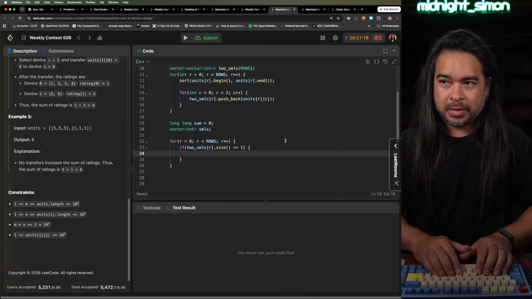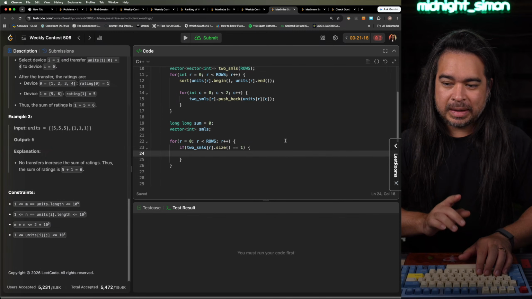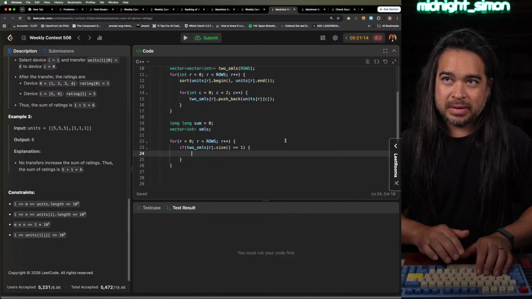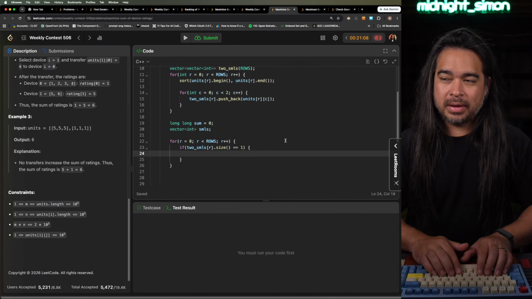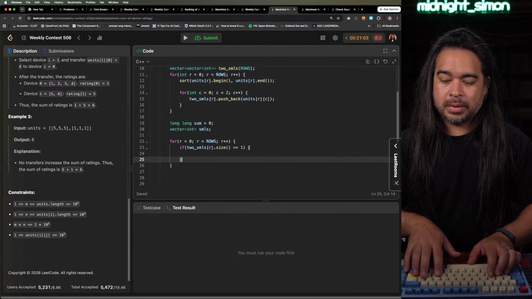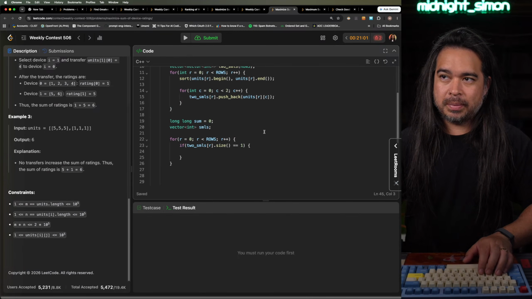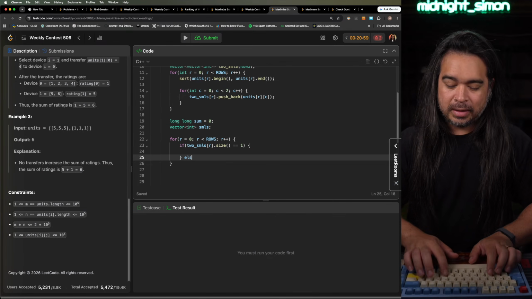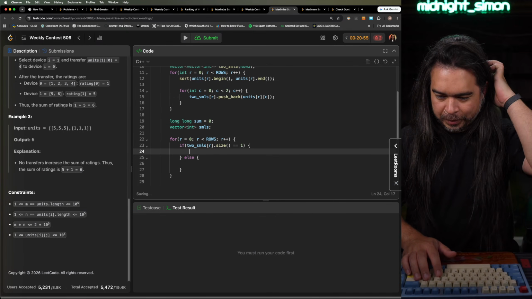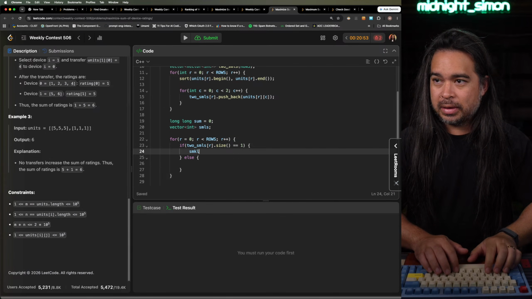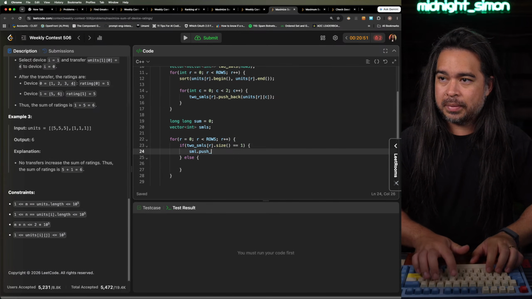Let me think. So if it's 1, that means the second smallest unit is gonna be 0. Because if you took the smallest unit out, there's nothing in there. And then it's just 0. So if that's the case, then what do we do, man? I guess we still accumulate the small one.